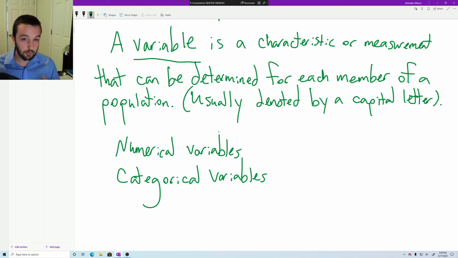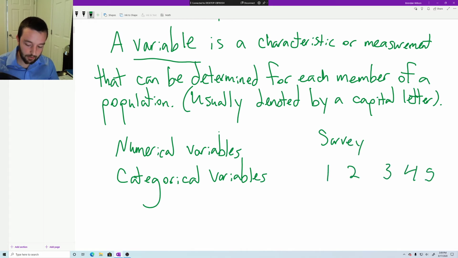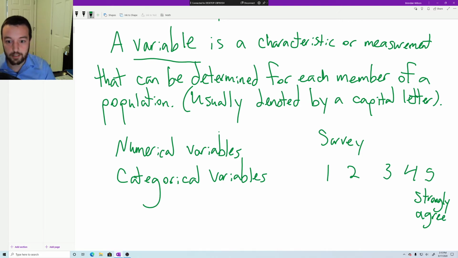Now, we do have to be a little careful when we talk about numerical being numbers and categorical being non-numbers, because sometimes we use numbers to refer to things, but we don't mean it in a numerical way. What I mean by that is if we have a survey, and we pick 1, 2, 3, 4, or 5, where this is strongly agree and this is the other end, strongly disagree, then we're technically using numbers here, but they're not really numerical.